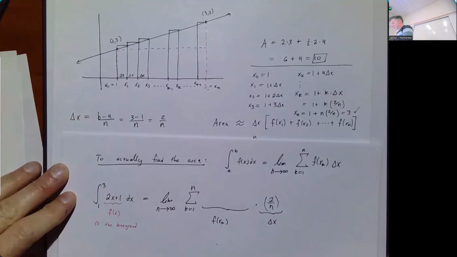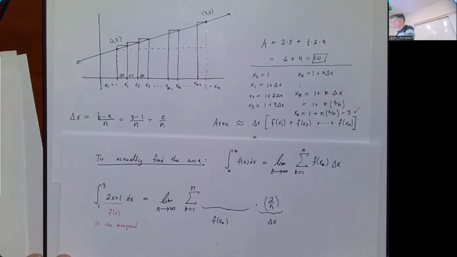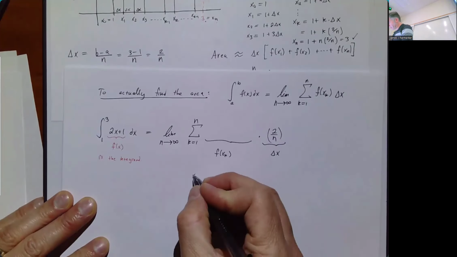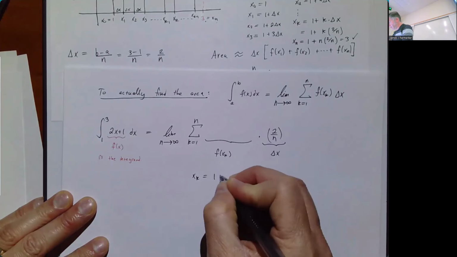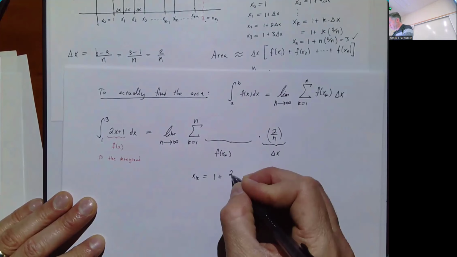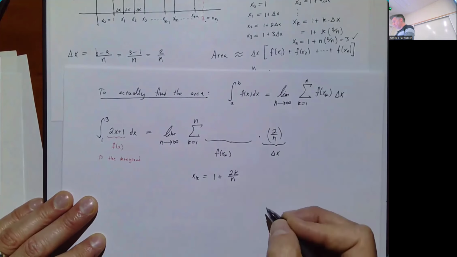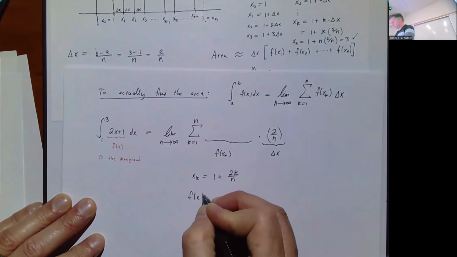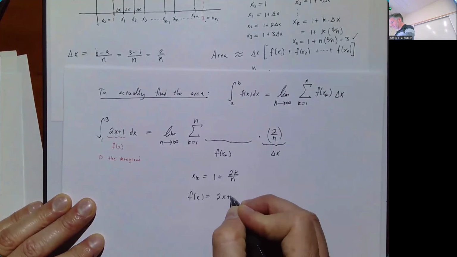All right, so our f of x sub k, well, x sub k is 1 plus, I'm going to write this as, instead of k times 2 over n, 2k over n. And then our function f of x is 2x plus 1.